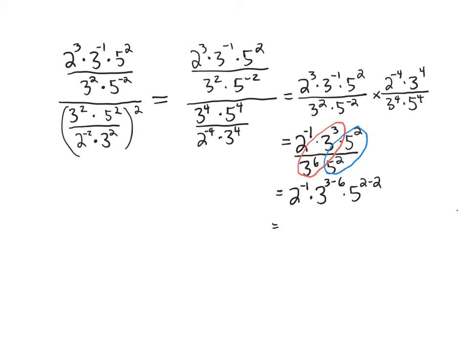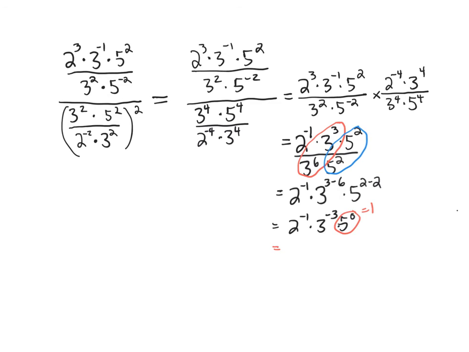And we simplify this, so this is 2 to the minus 1. 3 minus 6 is minus 3. And 2 minus 2 is, in fact, 0. So we don't even need to write 5 to the 0. We can if we want, but remember, this bit just equals 1. Anything to the 0 is just 1. So let's simplify this.